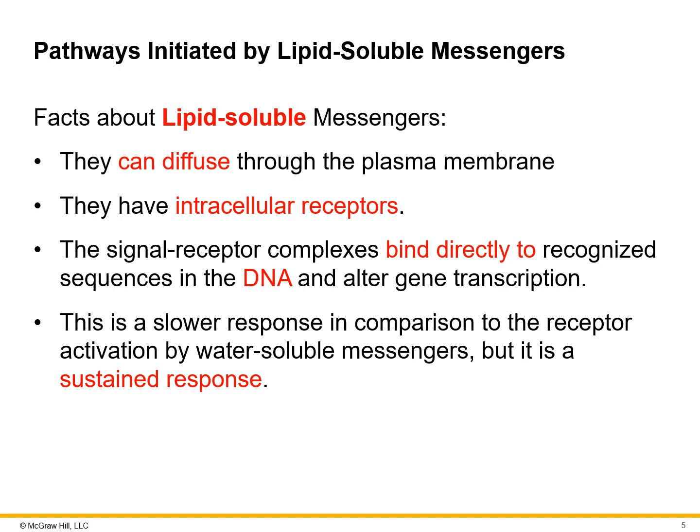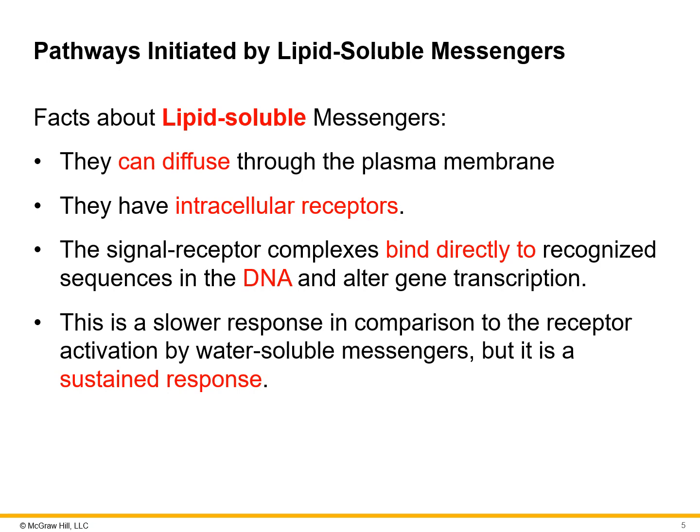We talked about the idea that some of the pathways will be initiated by water-soluble messengers or hormones. Some of them are going to be started by lipid-soluble messengers. So lipid-soluble messengers can diffuse through the plasma membrane.